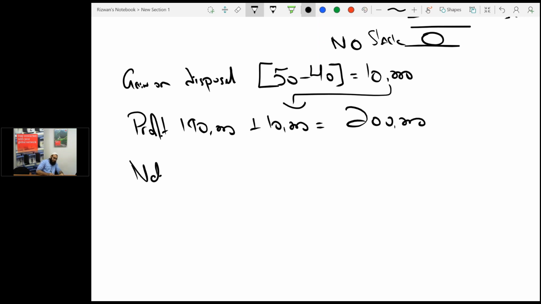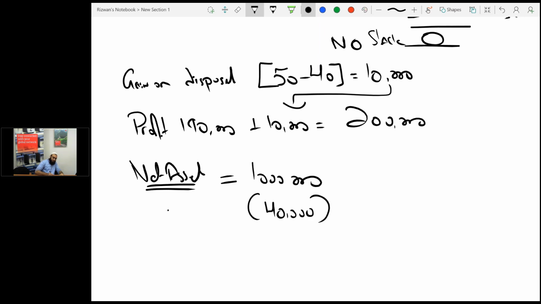About net assets. The net asset figure right now given in the question is, I guess, 1 million. You sold a machinery having a net book value of 40,000. So your assets went down, but your cash went up by 50,000.